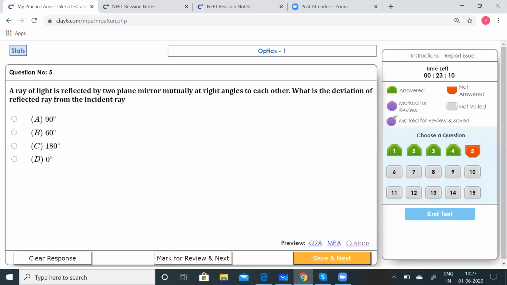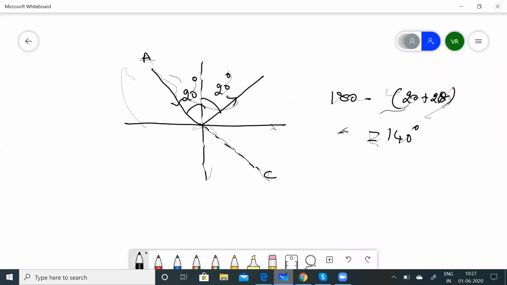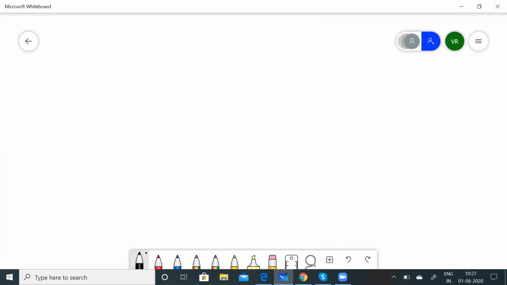A ray of light is reflected by two plane mirrors mutually perpendicular to each other. What is the deviation of the reflected ray from the incident ray? All right, this is quite easy. Let us say two mirrors are perpendicular to each other.